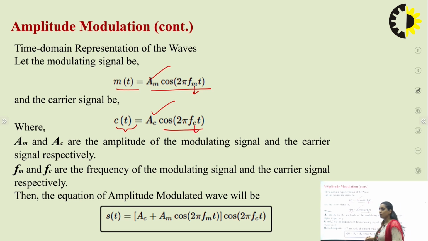And my modulated signal can be represented with s(t), which is (Ac + Am cos 2 pi fm t) cos 2 pi fc t, because the complete message gets added up in the carrier amplitude only, and the phase of the carrier remains intact, right?